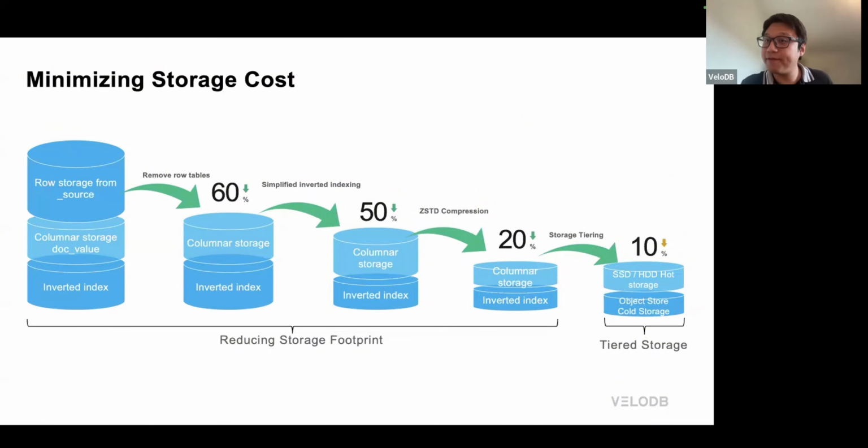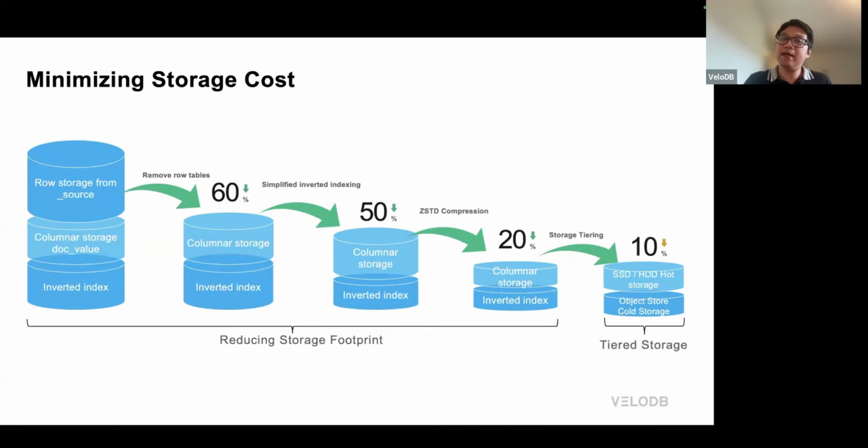Some are great for cold storage, less expensive, but it takes a little bit more time to retrieve. Other things like SSDs could be used for hot storage, which is data that you want to retrieve immediately. So we also have the ability to offer different tiers of storage because Apache Doris and VeloDB has a storage engine, so we can really think about how to optimize tiering.